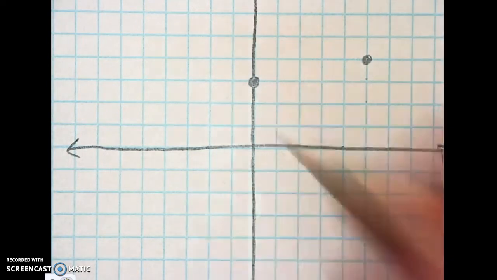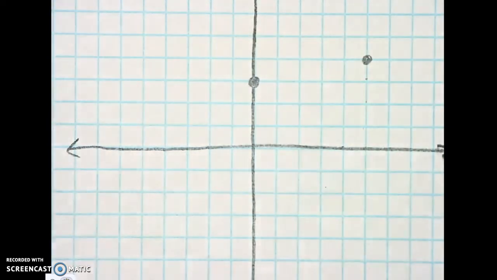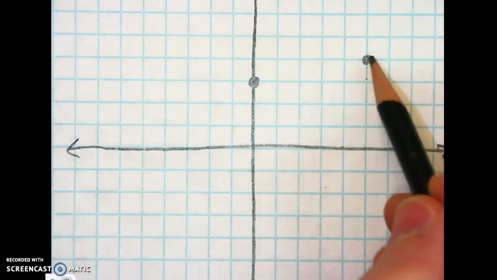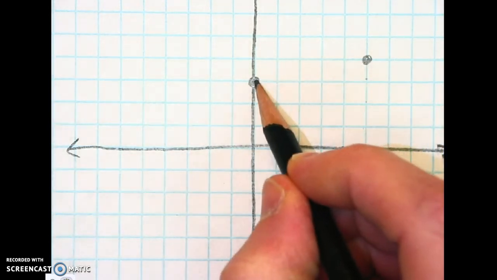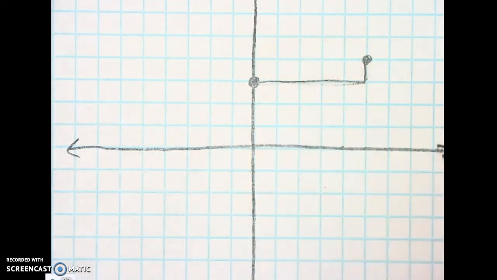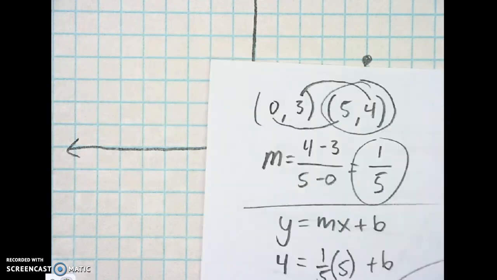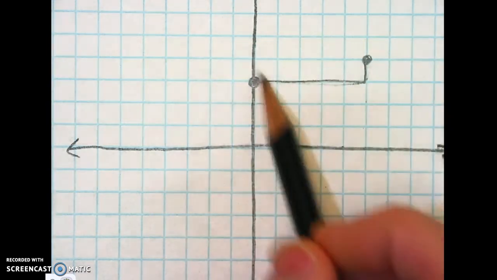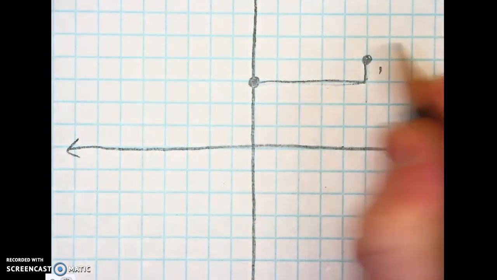You could just randomly make your axis on a piece of paper and draw your line through it. Or you could check this right here. I wonder what the slope is between these 2 points right here. I bet that it's 1 over 5. Let's see. Yep, over 5 and up 1.